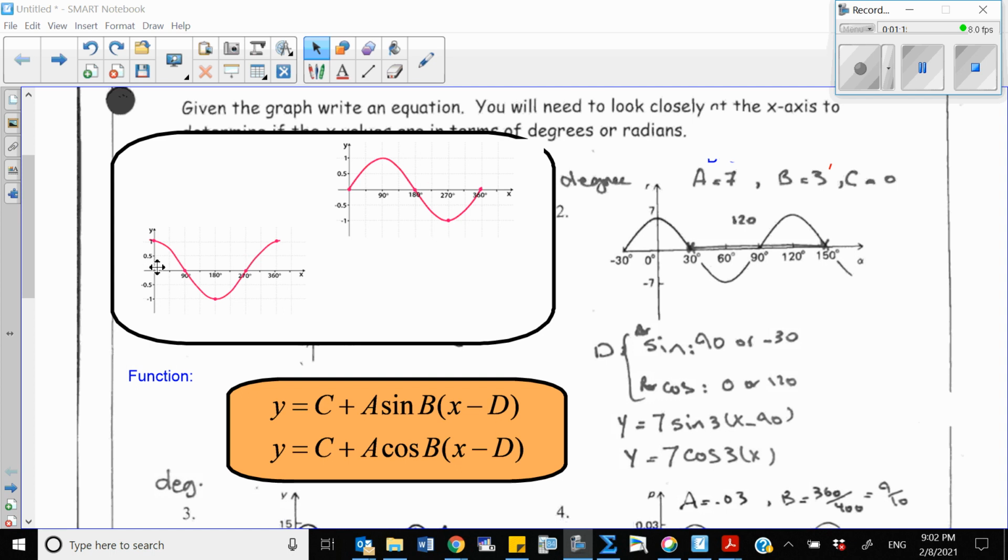If I move the function up or down, then the sinusoidal axis is also going to move up or down. So the c value will change. So basically the c value represents the vertical shift of your function. If you're moving up or down, the c value is going to change.